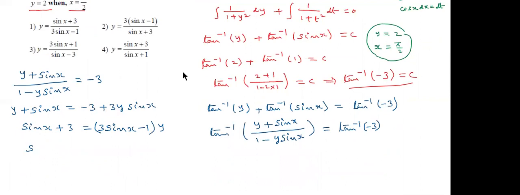Finally, (sin x plus 3) divided by (3 sin x minus 1), that is equal to y. This is the answer. Students, which option is correct? First option is correct.